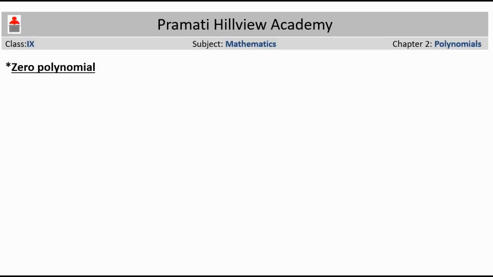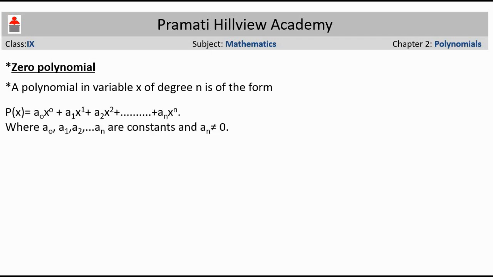Zero polynomial. A polynomial in variable x of degree n is of the form p(x) = a0 x^0 + a1 x^1 + a2 x^2 + ... up to an x^n, where a0, a1, a2, ..., an are constants and an is not equal to 0.